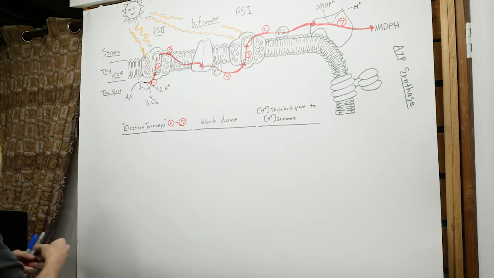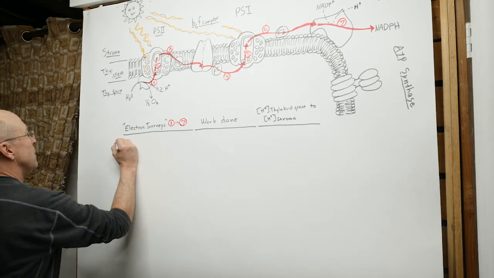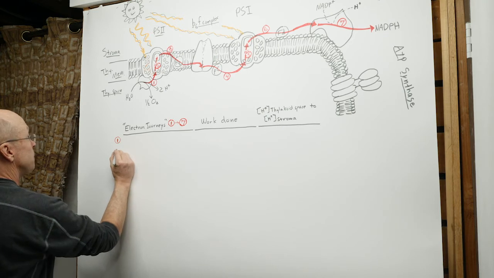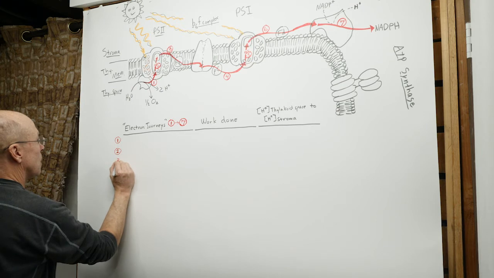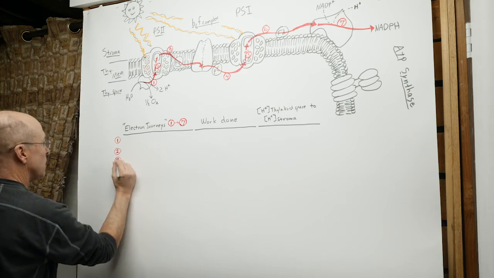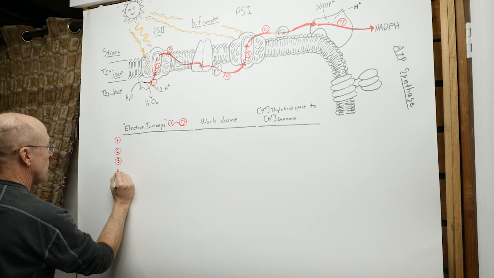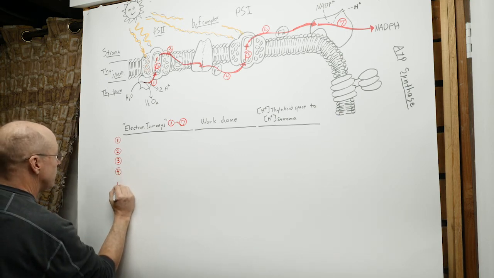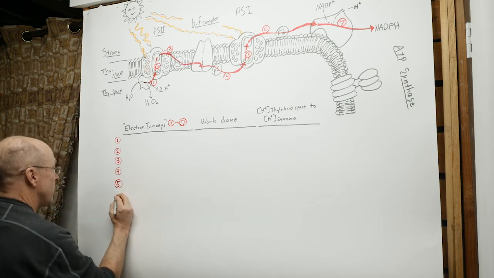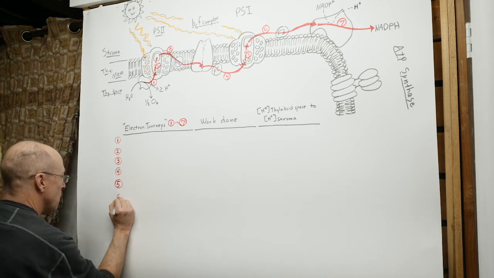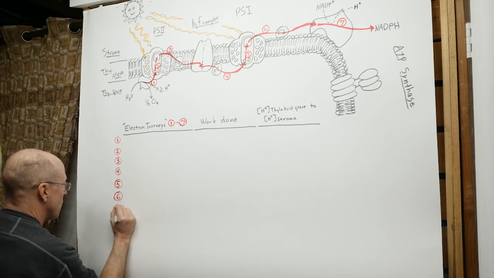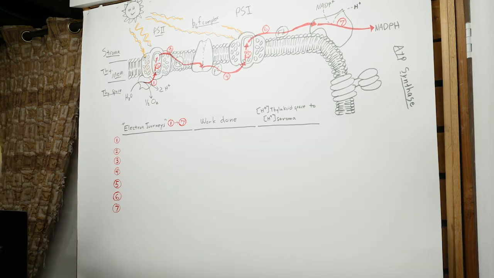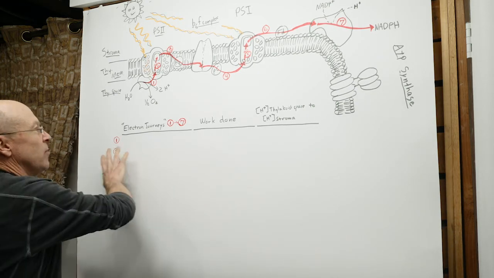All right. So now let's put our journeys down. Here's number 1, 2, 3, 4, 5, 6, and 7. So those are our 7 journeys. We're going to fill these across this way.